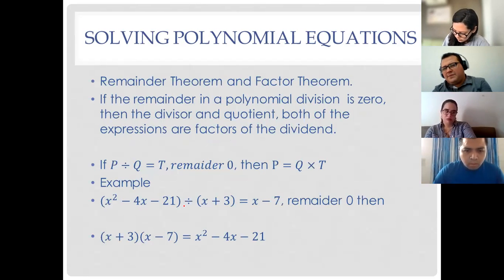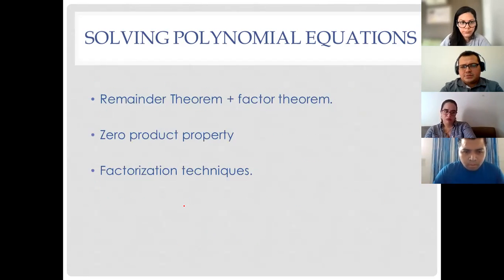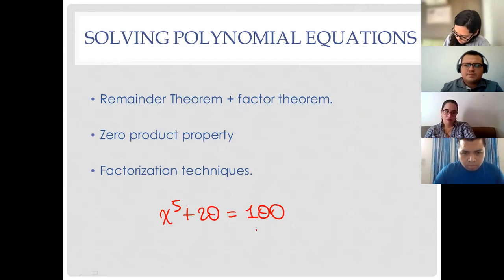One question: what happens if I have the next equation? What happens if I have x to the power of 5, I don't know, plus 20 equals 100? How many solutions am I expecting to have?